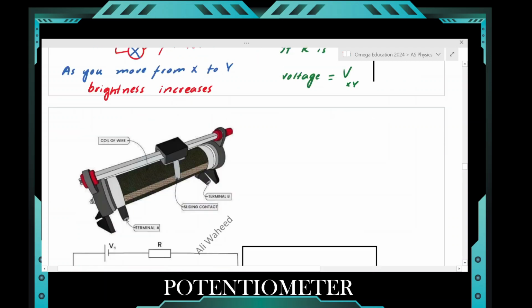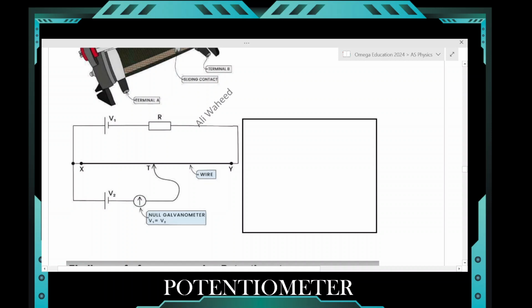In the diagrams, if you're shown this condition, the galvanometer is shown in the vertical position, it means no current through the lower circuit, no current through this one, and this position of the galvanometer is called the balanced position.